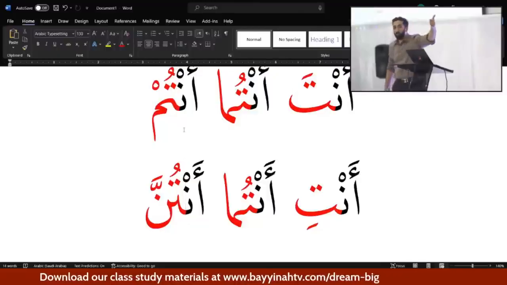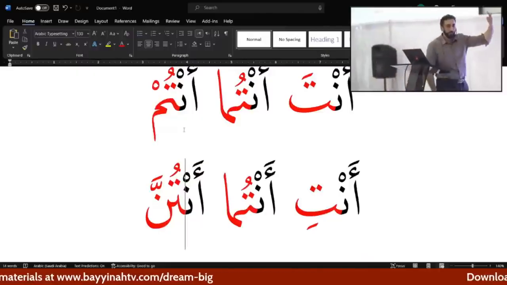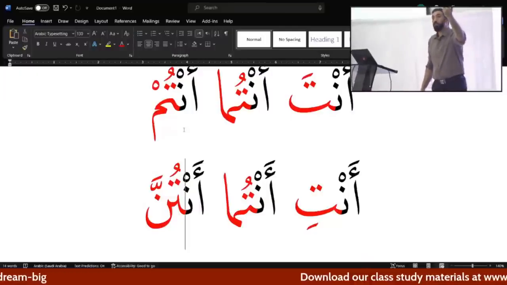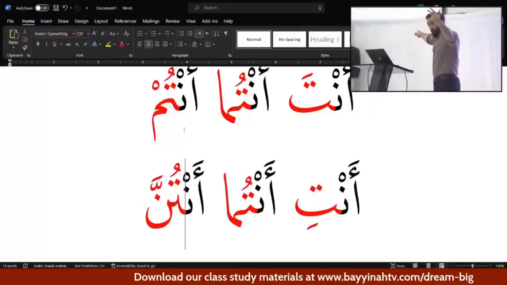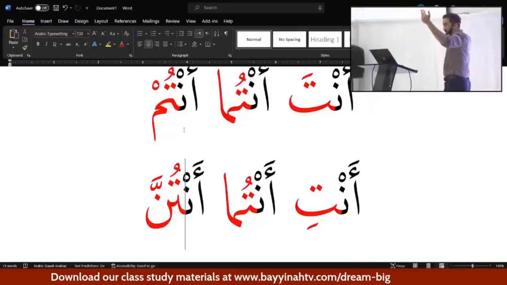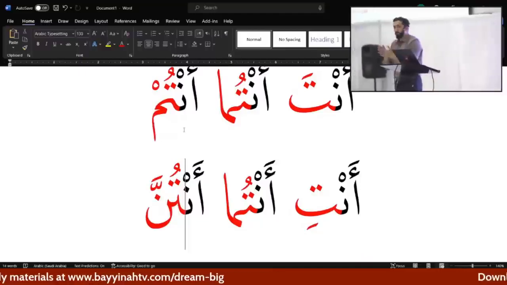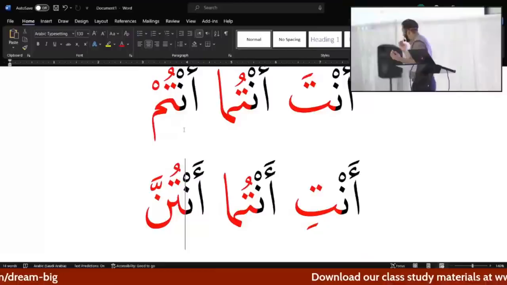No, because pronouns are rebels. It's rafa. Okay, what's the number for anti? Singular. What's the gender for anti? Feminine. Anta is masculine, anti is feminine. Good. What's the type for anti? It's proper. Why? Because they're always proper. Easy? So you can tell all four properties of these guys.